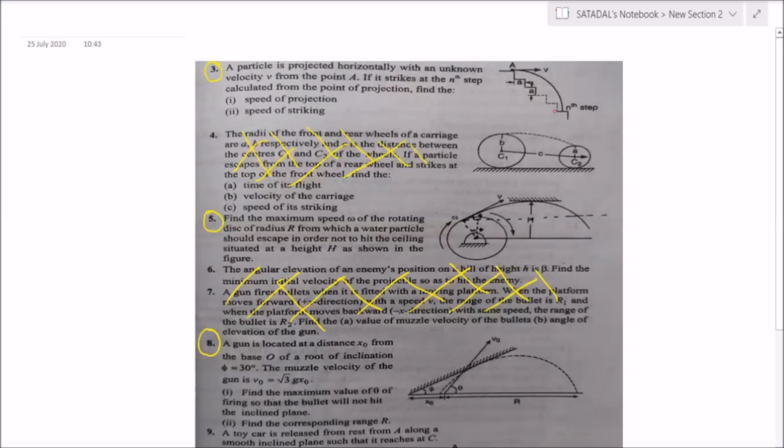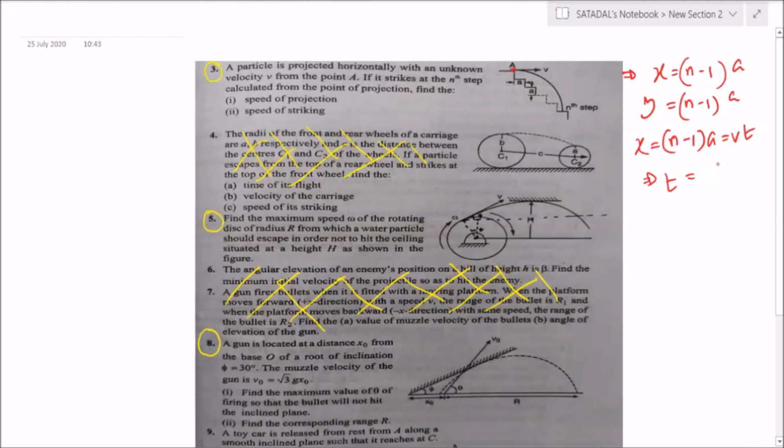See, the only difference in this question is that in this case, x will be equal to (n minus 1) into a, and y is also equal to (n minus 1) into a. For x, it is projected from here, so this a step will be lesser. For y, this step will be lesser. So x is equal to (n minus 1) into a is equal to vt.